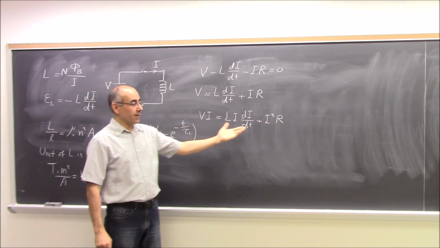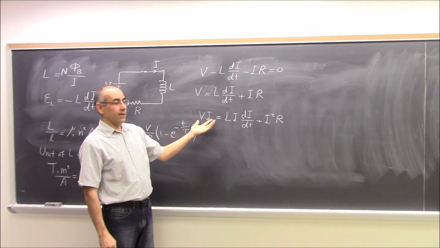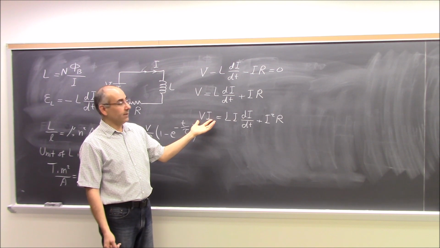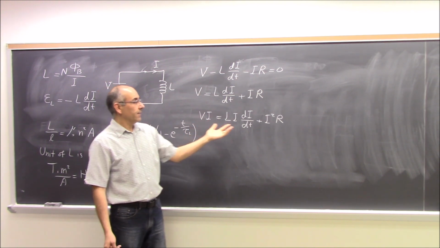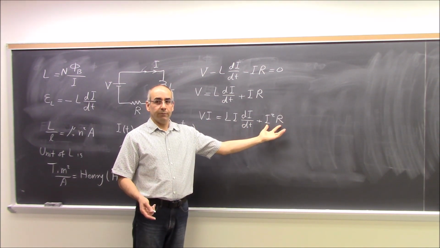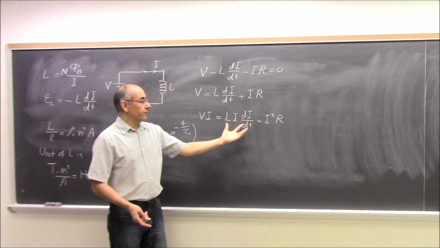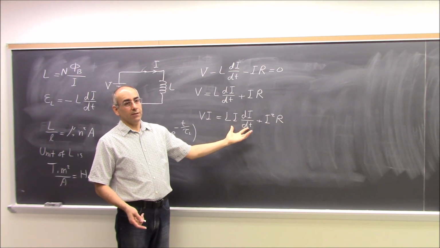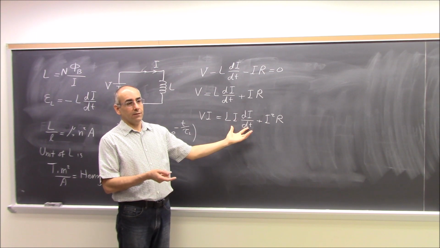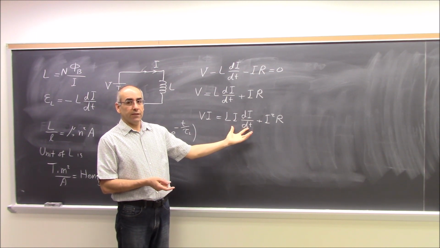So if you look at the conservation of energy, this is the energy put in by the battery per unit time. This is energy taken out by the resistor per unit time. So this must be the energy that goes into the inductor somehow. All right, so the rate of change of energy in the inductor should be this.